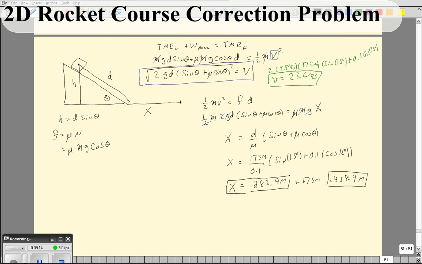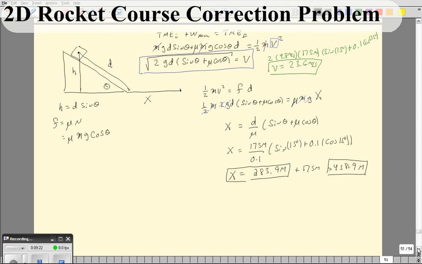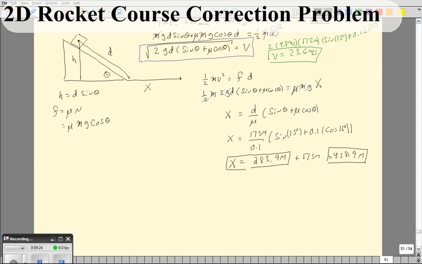When you look at the forces on this person, or persons, really 9 of them, as they're going down the hill, during the downhill portion, there are really 2 forces in the direction of motion. On the one hand, you've got the mg sine of theta, or the weight component down the hill, speeding you up, and slowing you down, you've got the coefficient of friction, mu mg times the cosine of theta.